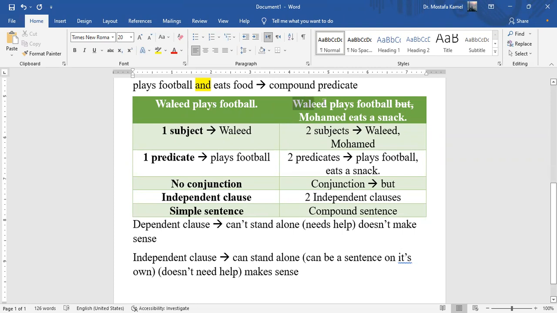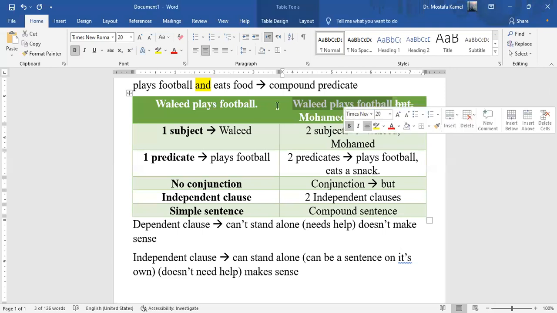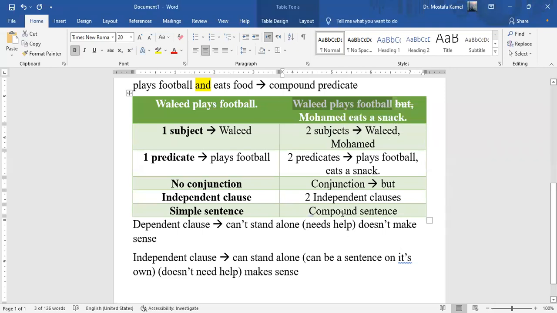Look, Bara, look everyone. Walid plays football. Do you think this sentence or this clause, the clause is a part of a sentence, okay? Now, the independent clause makes sense. It gives you an idea. Walid plays football. Does it give you an idea? Yes. Muhammad eats a snack.